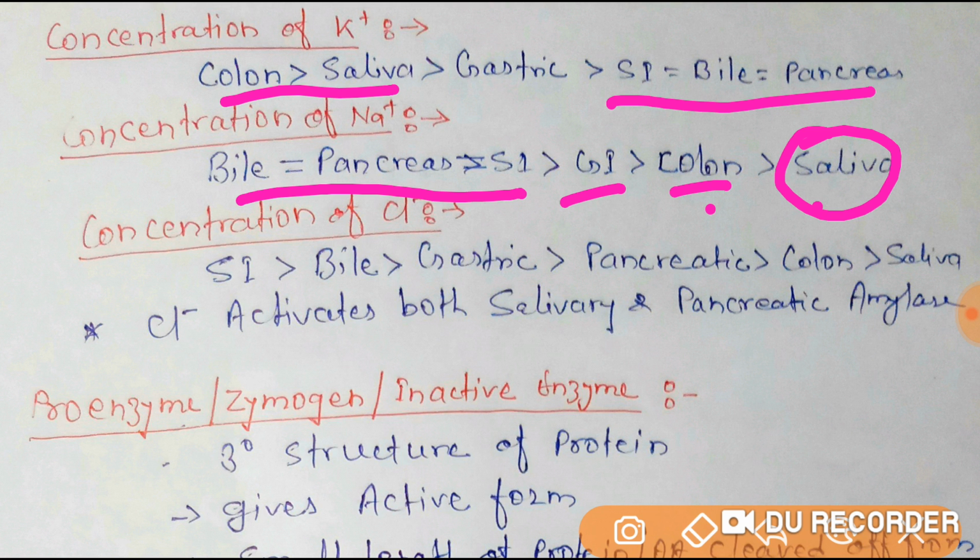The maximum concentration of chloride is in the small intestine, then bile, then gastric, after that the pancreas, after that colon, then saliva. One important thing is that the chloride ion activates both salivary and pancreatic amylase.